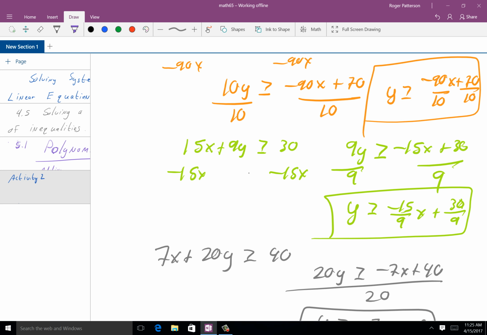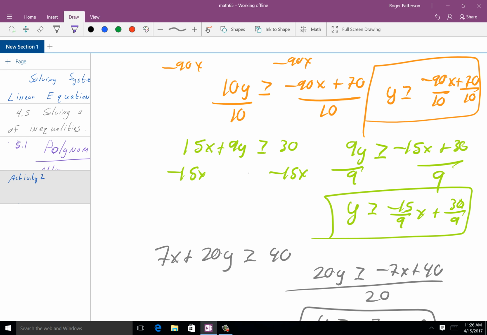Y greater than or equal to negative 15 divided by 9x plus 30 divided by 9. Okay, there's the other one.